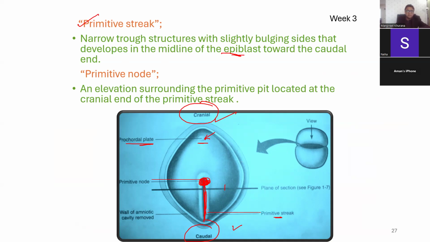And the primitive node is an elevation surrounding the primitive pit located at the cranial end of the primitive streak. Sometimes students get confused about what the cranial end and the caudal end are. Cranial end just means towards the cranial side. If we talk about something happening on this side, this is the caudal side.